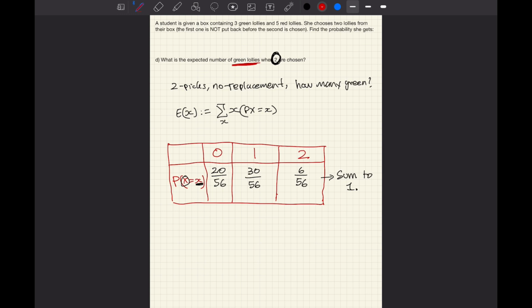Now let's apply this formula. So our expected value is going to be the sum of this. So 0 times 20 on 56.